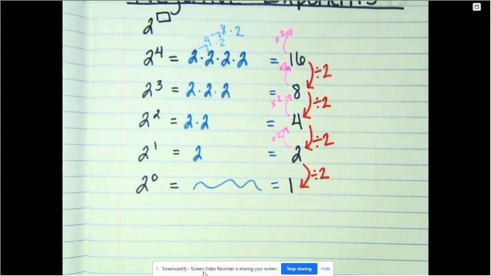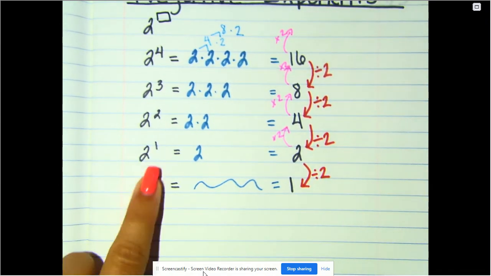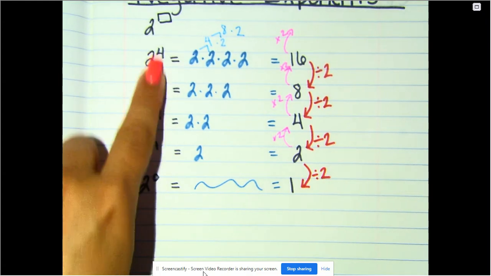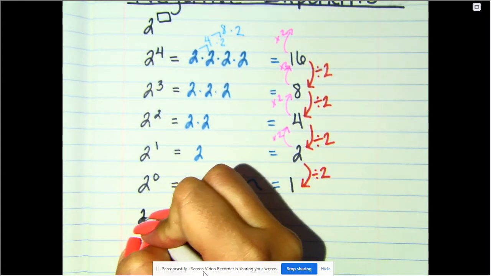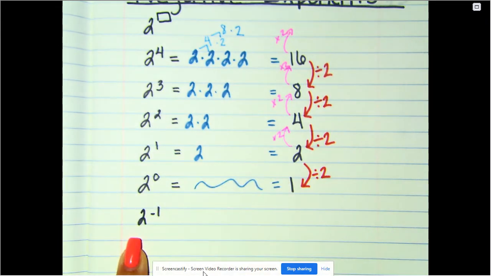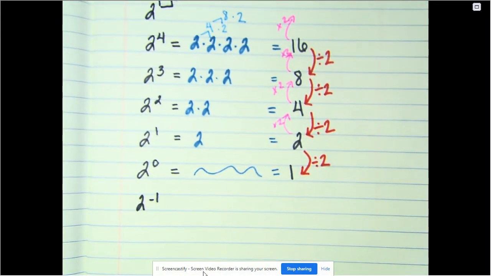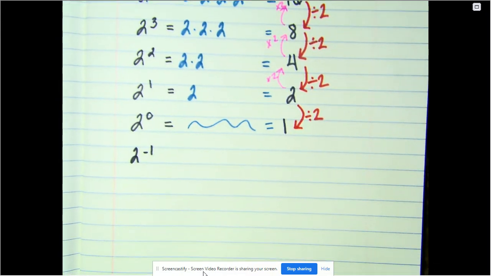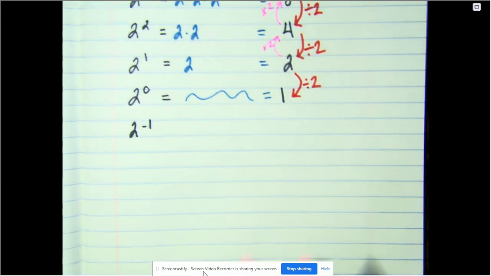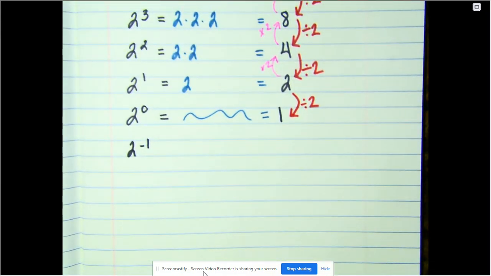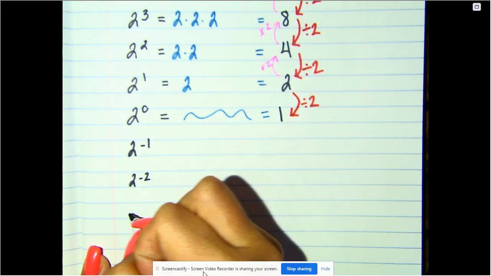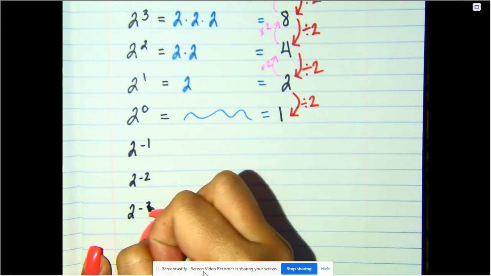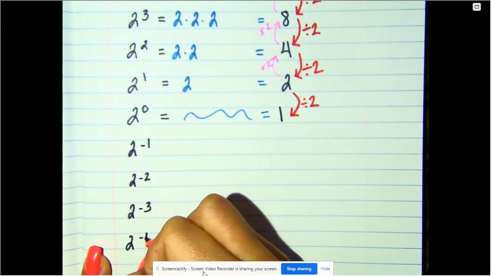Okay, so we're going to continue to move down this table again. So we have 2 to the 0 power, and then here we increase an exponent every single time. Now we're going to start decreasing exponents. So let's do 2 to the negative 1st power, 2 to the negative second power, 2 to the negative third power, and 2 to the negative fourth power.